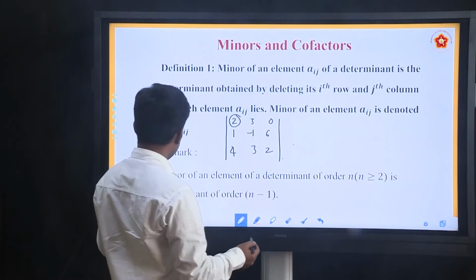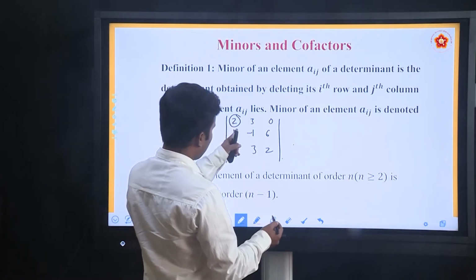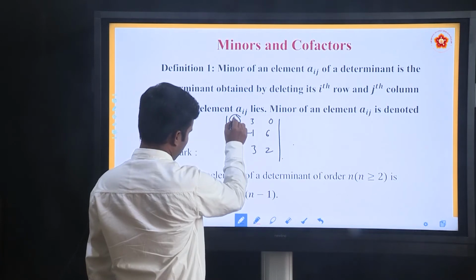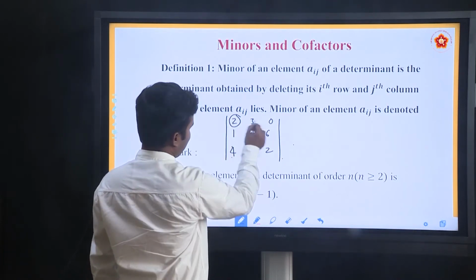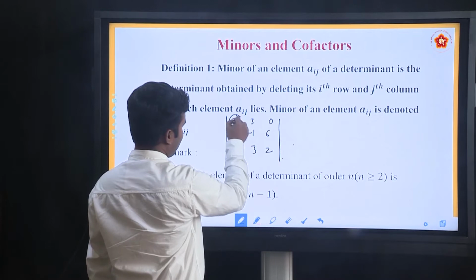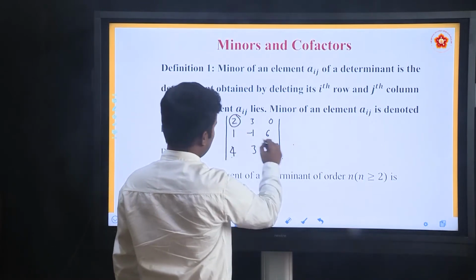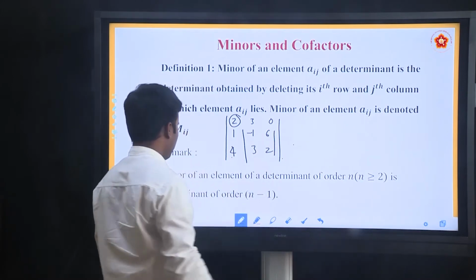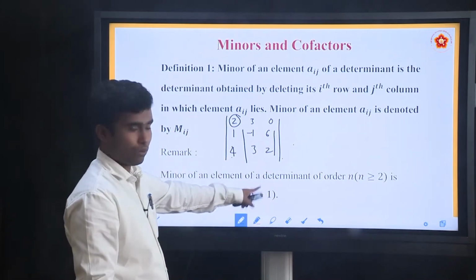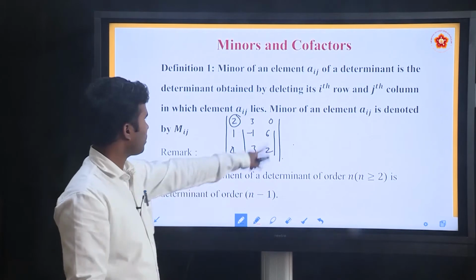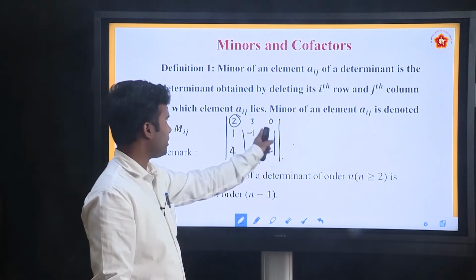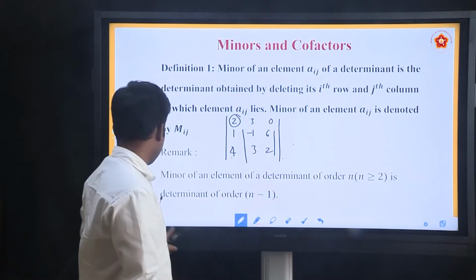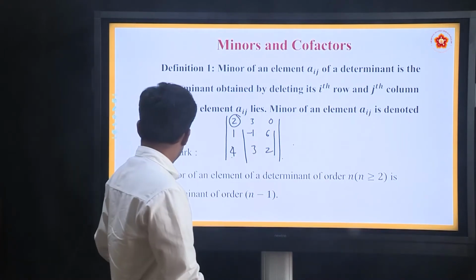Then you have to delete the first column and the first row in which the element lies, and then take the determinant of what is left. What is the order of this determinant? That is 2. See, if the order of this determinant is 3, then the order of minor is 2, that is 3 minus 1. Okay.